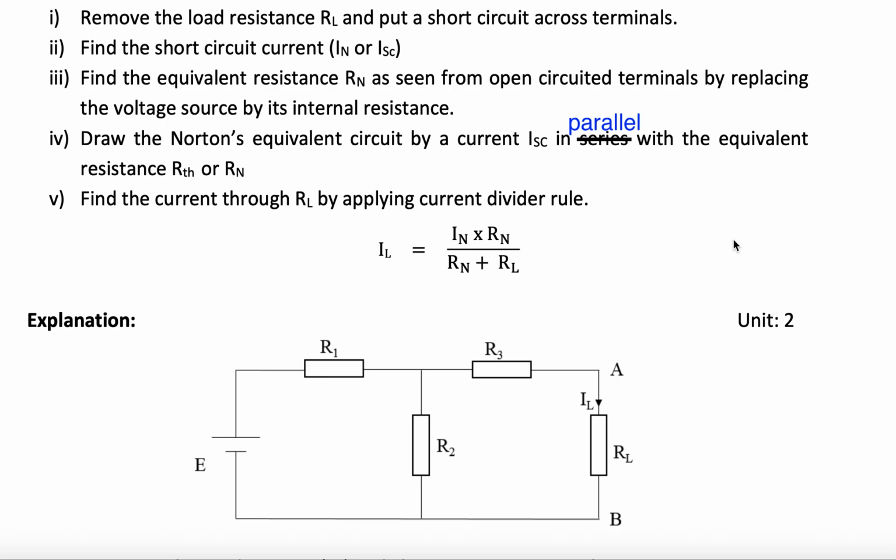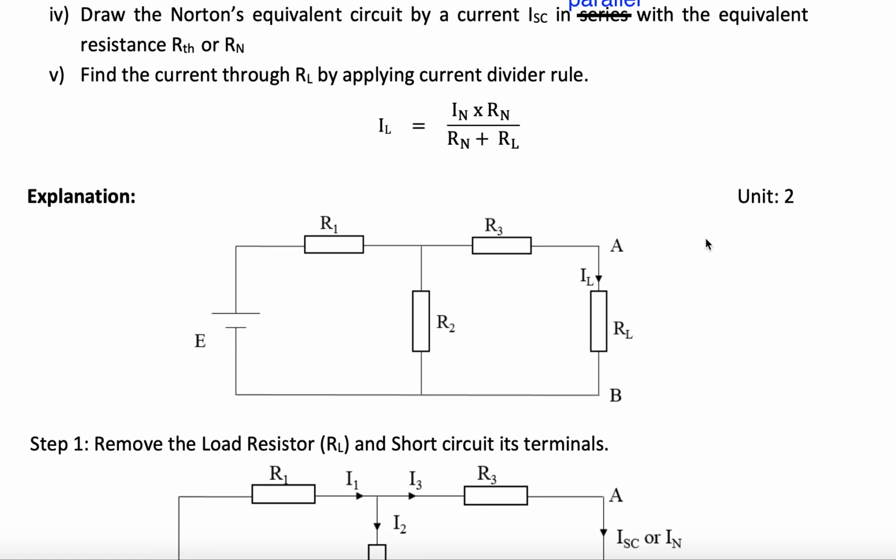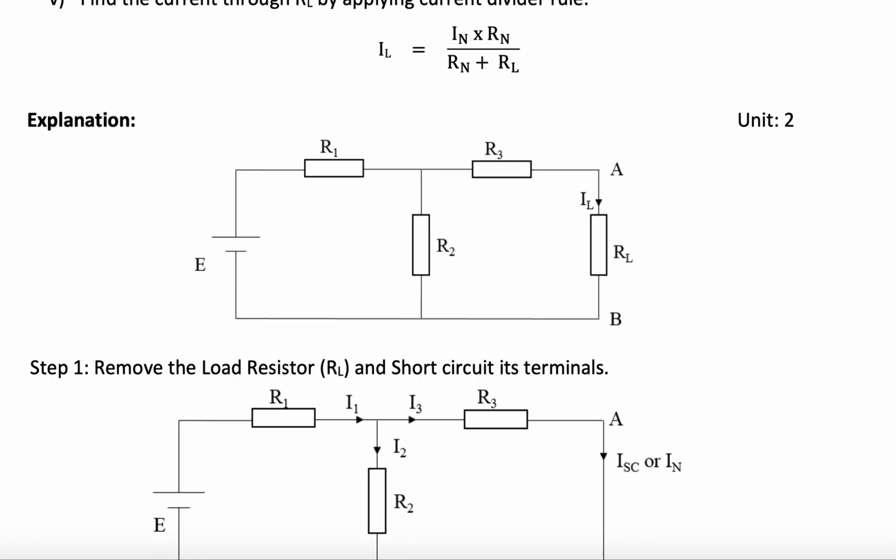Find the current through RL by applying the current divider rule. Because IN is in parallel with the load resistor and Rn, IL is nothing but IN into Rn by Rn plus RL. Why? Because you are going to find the current through the load.